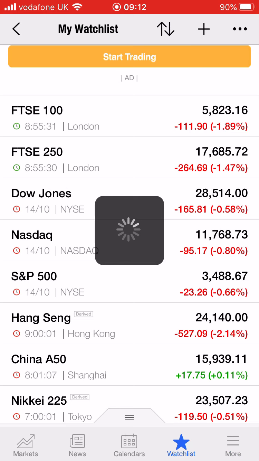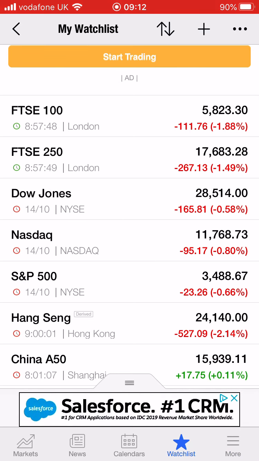I think to have all this in one app for free is pretty good. The ads aren't particularly intrusive. You have one at the top there and one at the bottom. I have clicked on them a few times by accident, and it'll take you onto the internet and you just have to shut it down and go back to the app.